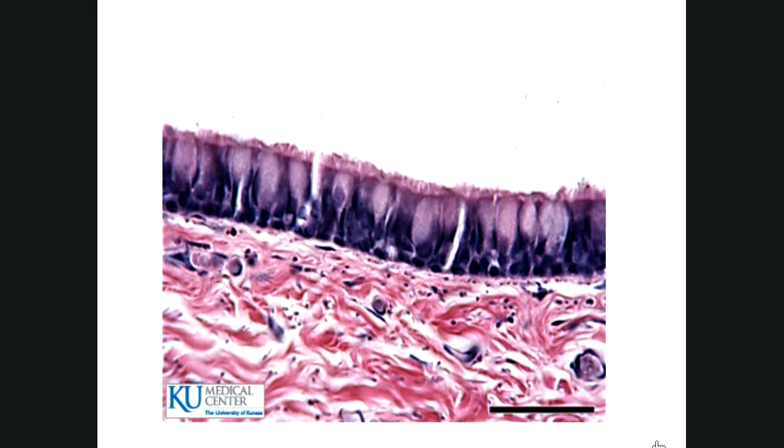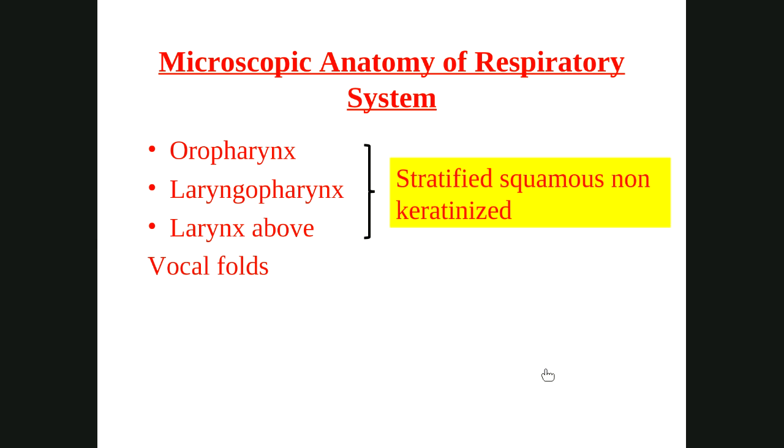All right. And then let's talk about what happens back closer, the throat: oropharynx, laryngopharynx, larynx, everything above the vocal cords. It is stratified squamous. Okay, so we lost the cilia, right?